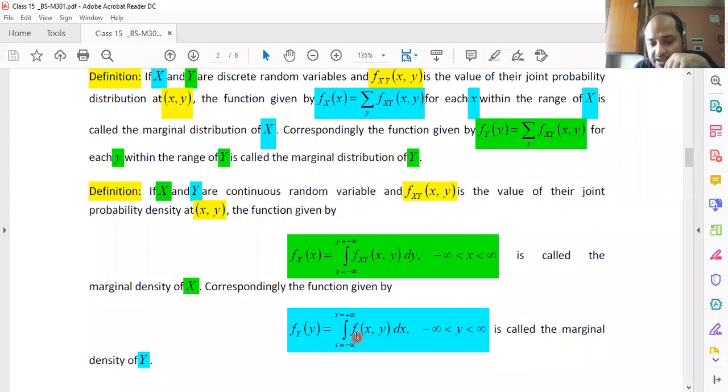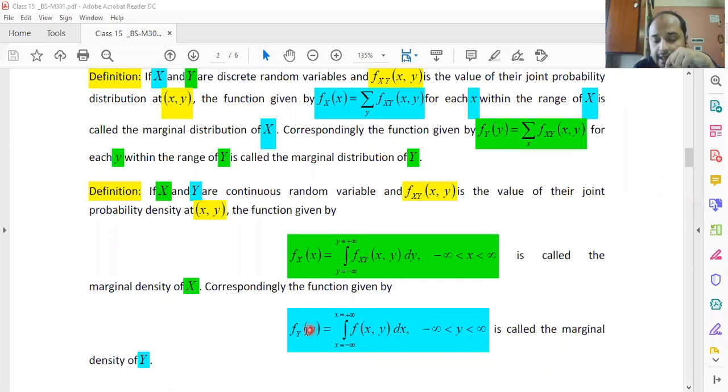I have not written capital X, Y. Please don't get confused, because this type of thing by teachers always makes students very confused. So I beg pardon, I have missed it. Before sharing the note, I will rectify it. You just put capital X, Y over here. In mathematics, this kind of mistake is unpardonable. So the suffix will always be there on f. Keep it in your mind.